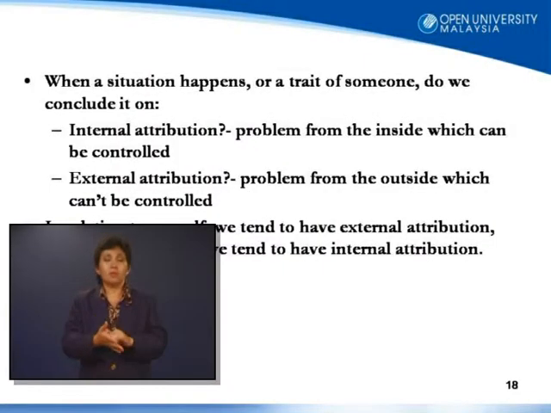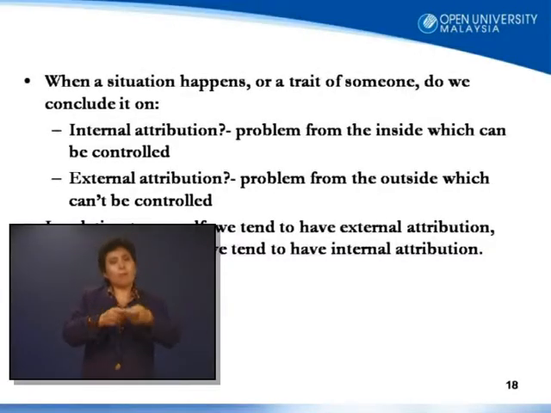Now, when a situation happens or a trait of someone shows, do we conclude it on internal attribution? Meaning the problem comes from the inside, which can be controlled by the person. It happened because the person chose to do that. Or do we go into external attribution? It means that the problem happens because of the outside situation which the person does not have control of.